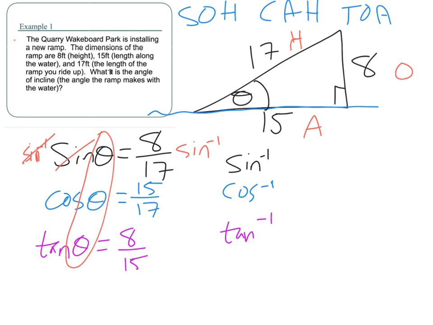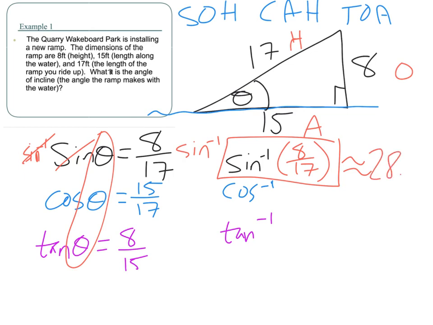Then I would take the sine inverse of 8 over 17. So I'd plug this into my calculator and I would end up with 28.0724 blah blah blah 07 degrees. This is my angle that the ramp makes with the water.